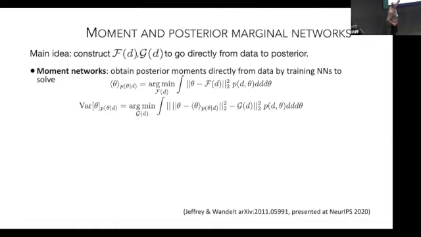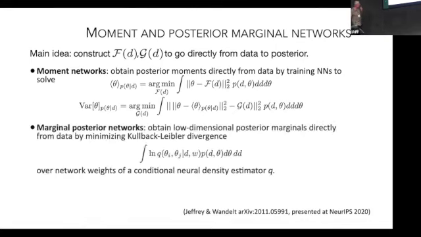You define a second network, G, a function of the data. You have a quartic loss like this, and that G, once trained, will give you the posterior variance. Okay, and this is for the 1D marginals, but you can do this for 2D marginals, and compute little covariance matrices, without ever sampling anything, just directly.